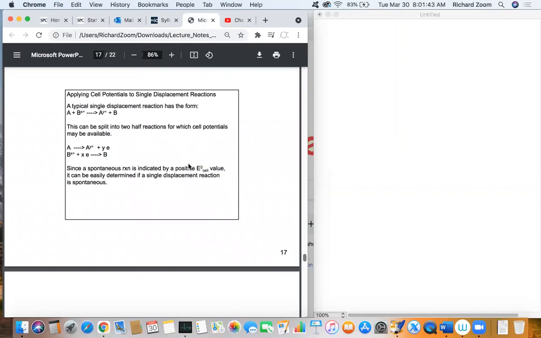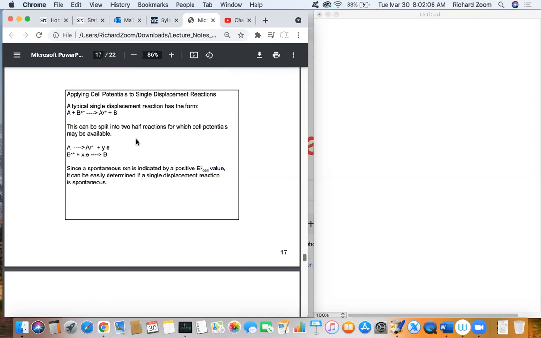This is not directly relevant to any test problem, but it does have some relevance, especially to the direction of flow problems that we'll look at in a little bit. But I think it's worth going through this just to give you a little more context for how we determine if a single displacement reaction is going to occur or not.